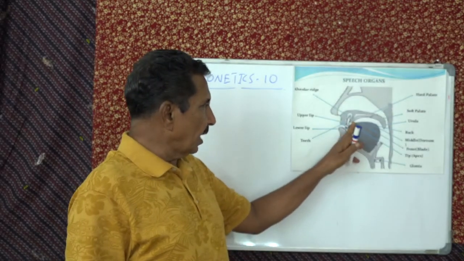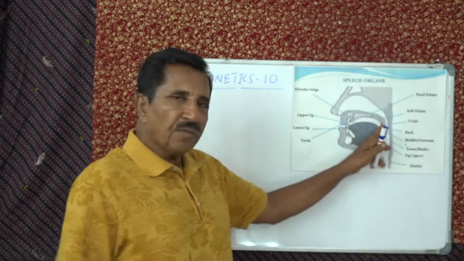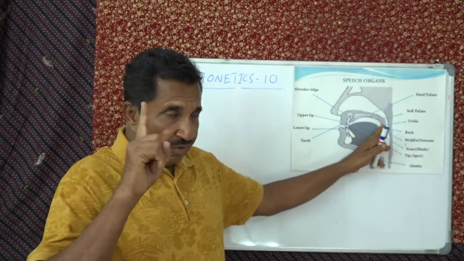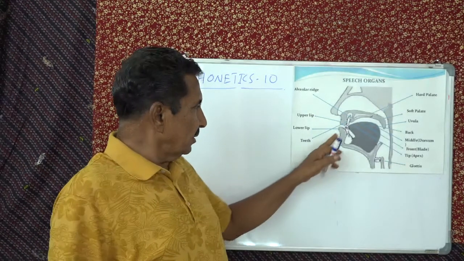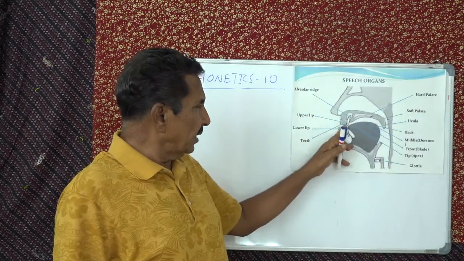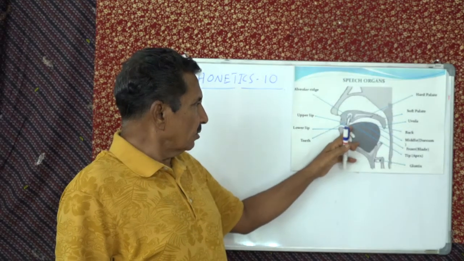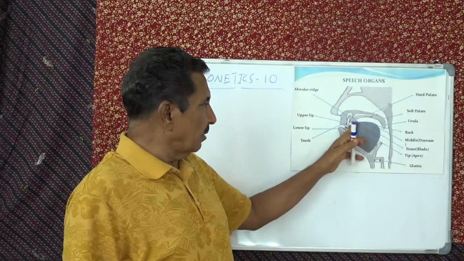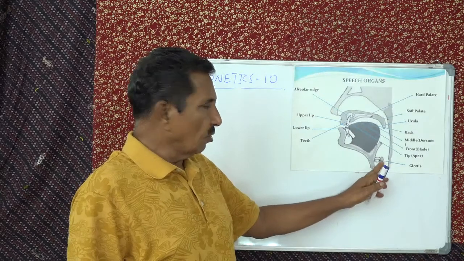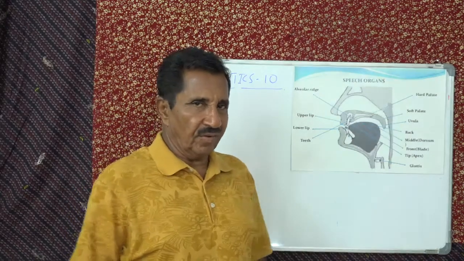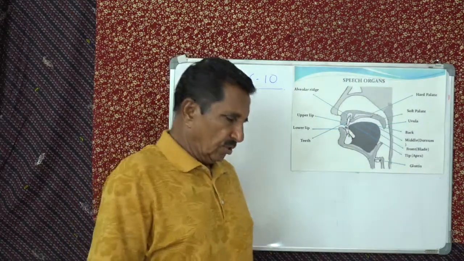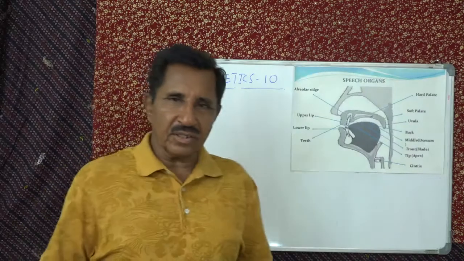Bilabial, then alveolar, velar for plosives, and fricatives, labiodental, and then you have got alveolar, and dental, then alveolar, palato-alveolar, and glottal. Isn't it? So far you have seen. Right, very good.